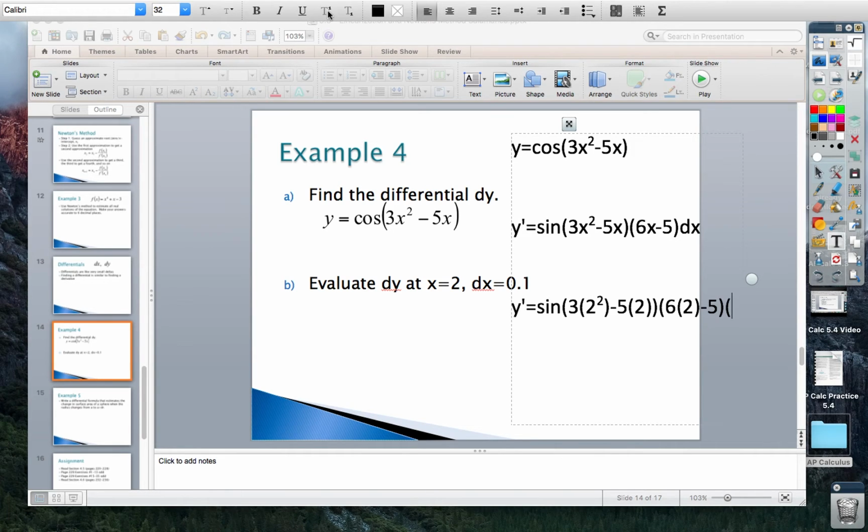Now dx in this particular case is 0.1. So when we clean this up, we get sine of 2 times 7 times 0.1. Finally, y prime is equal to 0.7 times sine of 2. And that's our final answer.